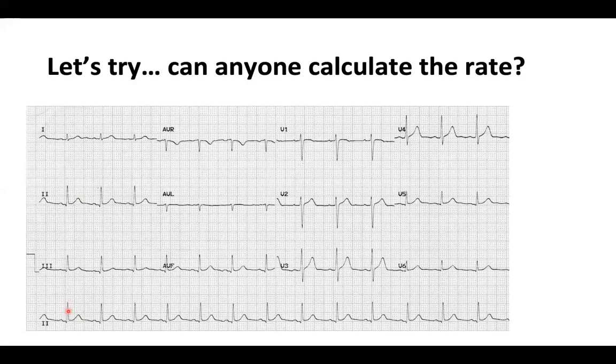So you could divide 300 by 4. So that's correct, around about 75, or the other way that I was doing it would give you around about 78. So you can see no one's looking for a precise heart rate, just a ballpark figure to tell you whether it's within the normal range, or if there's tachy or bradycardia.